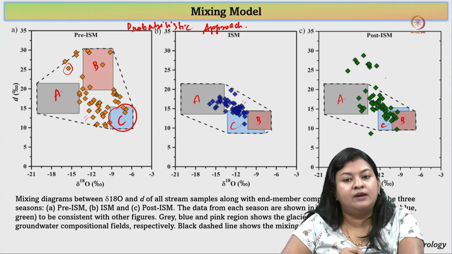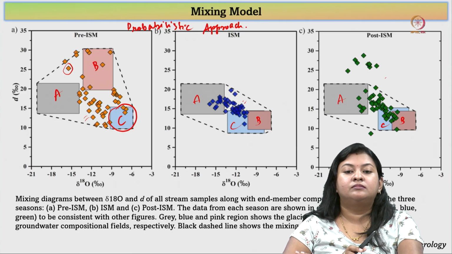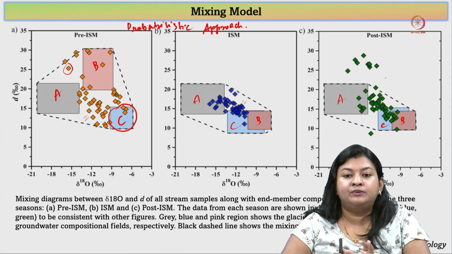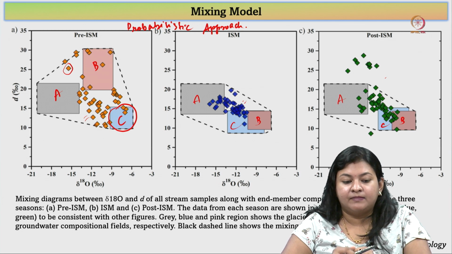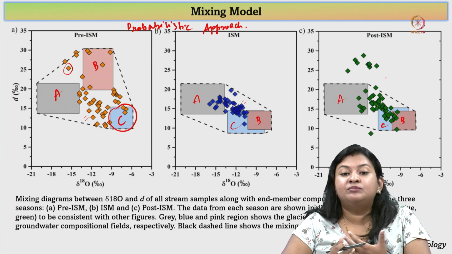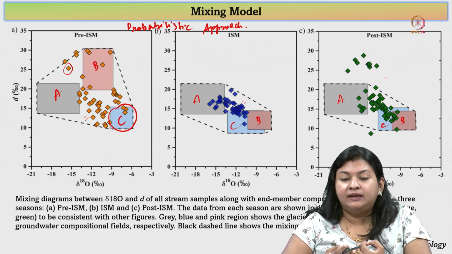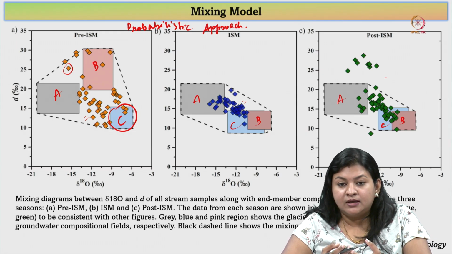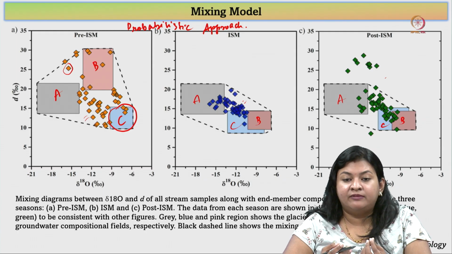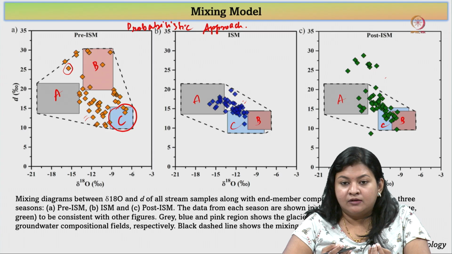Therefore, I will use a range of values and a simulative calculation. This is more of a Monte Carlo model, where I pick end member values randomly from these boxes many times.